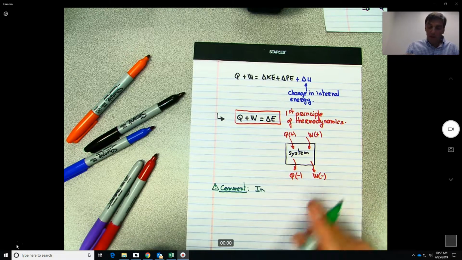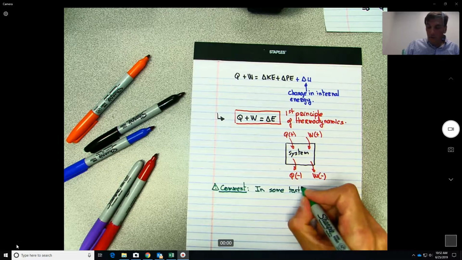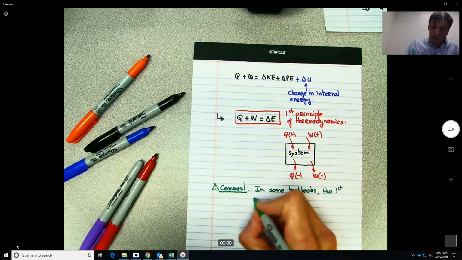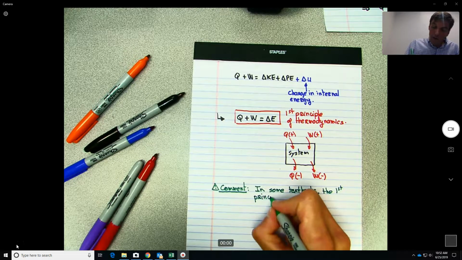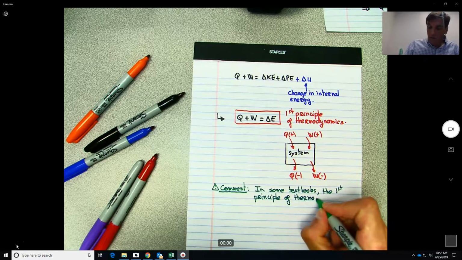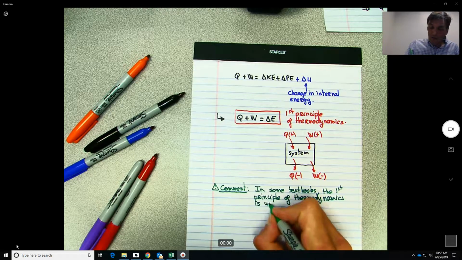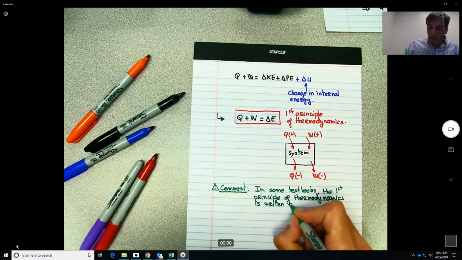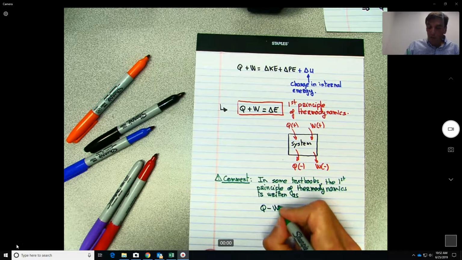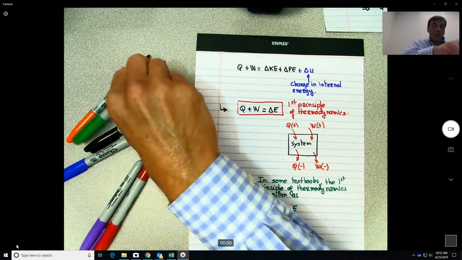In some textbooks, the first principle of thermodynamics is written as heat minus work equal to the change in energy.